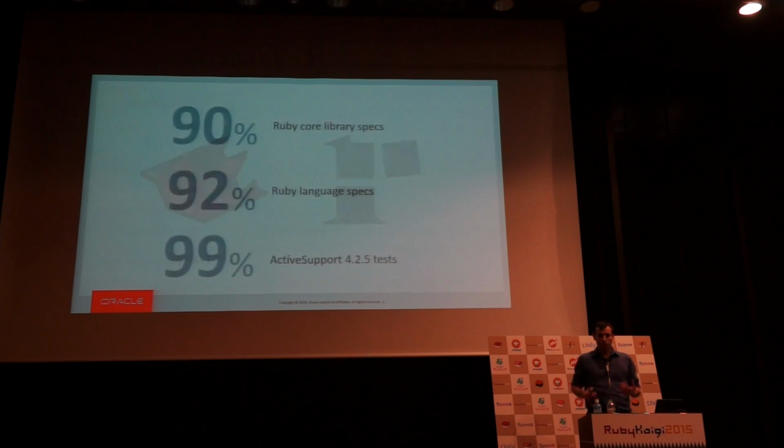While we're not quite ready for production usage, we're hardly a toy implementation either. We currently pass 90% of the core library specs for RubySpec and 92% of the language specs. Because RubySpec has a lot of holes in its coverage, we've been putting an emphasis on trying to run actual libraries, and we're now able to pass 99% of the tests for the stable version of ActiveSupport.